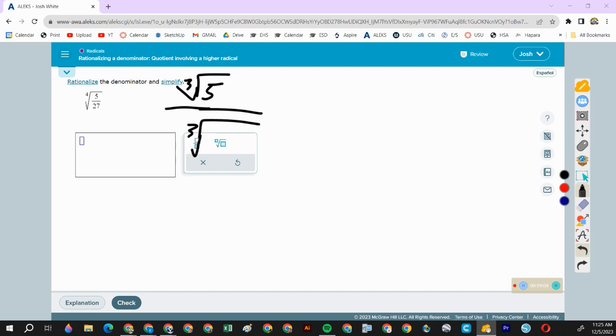So let's say 4. So if I multiply by the 3rd root of 4, is that going to cancel the radical? No, I need 3 of them. I need it to be the 3rd root of 4 to the 3rd. If I raise this to the 2nd, that doesn't really help. So 3rd root of 4 times the 3rd root of 4.